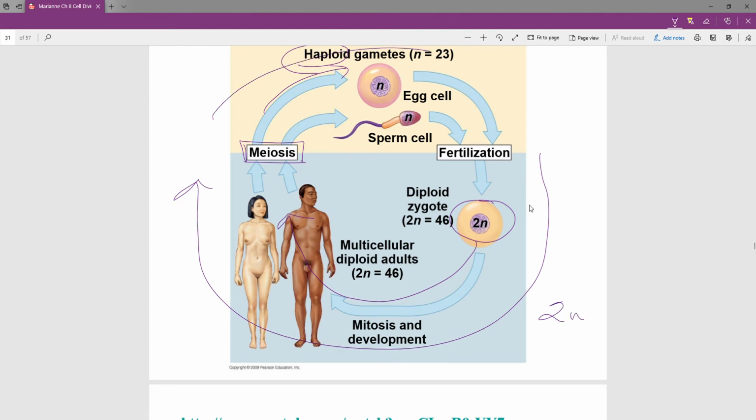Up here would be haploid, or N. And again, this is a human biology course, so we could talk about 46 and 23. The process down here is mitosis. And the process to create those would be meiosis.